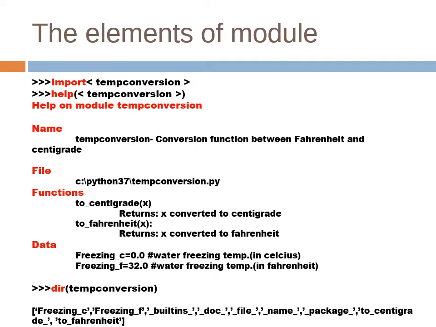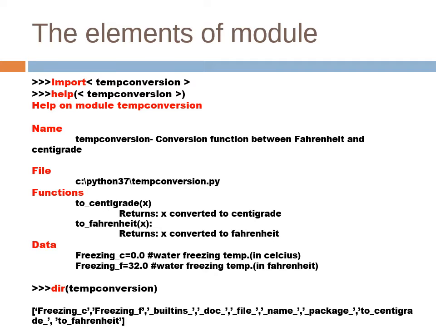Next, as I told you, the contents will be displayed as you typed it here. Help on module tempconversion. The name of that particular module is tempconversion. Whatever I have given in the docstrings has been displayed here, followed by the file. As I told you, the file name and the module name are going to be the same. So tempconversion.py is given as the file name, followed by the functions available inside the module.